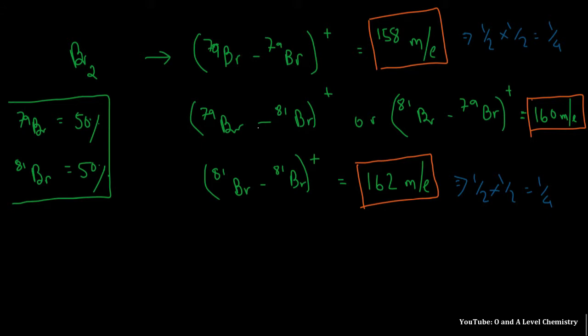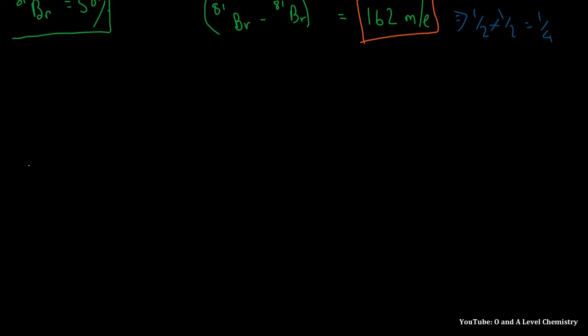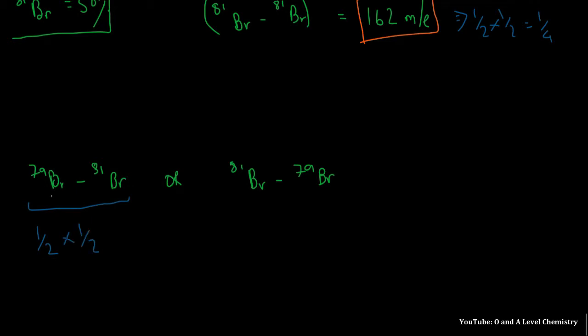But let's look at this one. This is interesting. Let me write them somewhere else, okay? So this is the 79Br bonded to an 81Br. Or you can have an 81Br that is bonded to a 79Br. So in this case, to produce this, I need half times half, because the probability of having a 79Br is half, and that needs to be with an 81Br, which is also half.